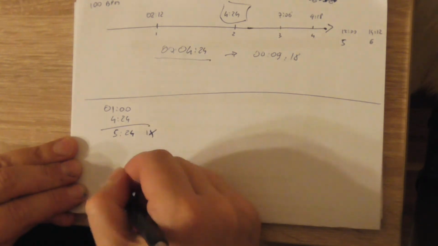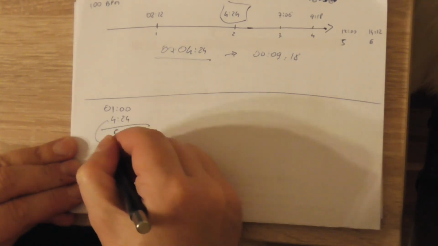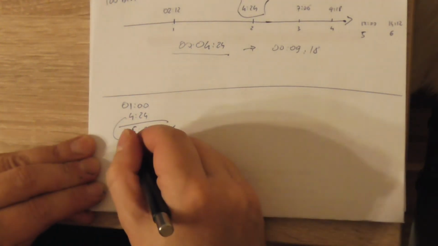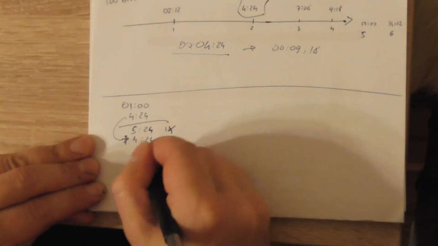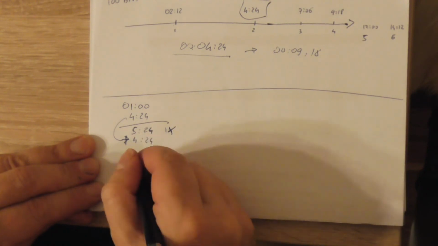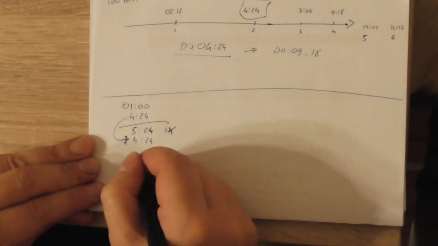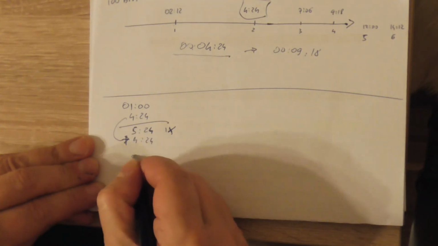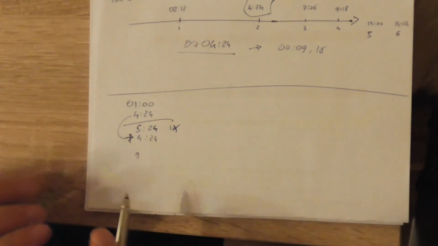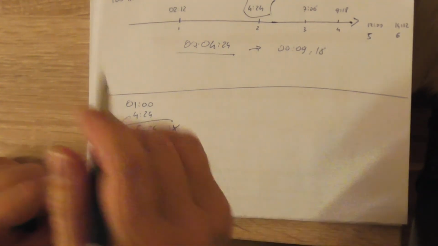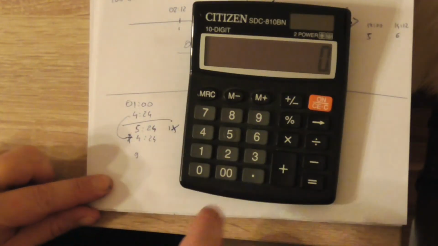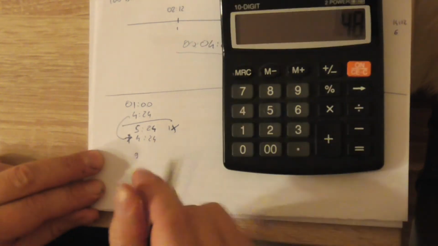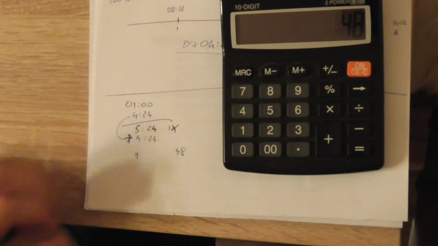And if I add it again, plus 4 24, it will be, let's say, 9. And look at the trick now. If I count 5 plus 4, it will be 9, but I need to adjust it a little bit, because if we count 24 and 24, it's 48 frames, but we've got only 30.